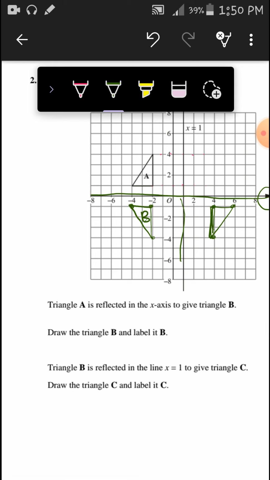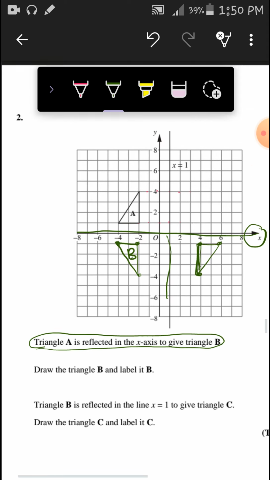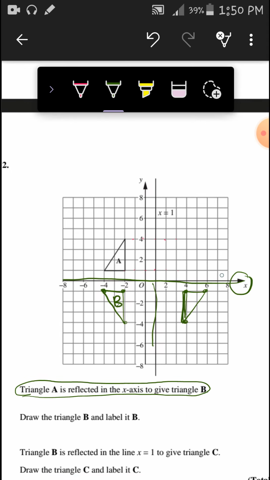In this example, triangle A is reflected in the x-axis. So first, reflect A in the x-axis. Where's the x-axis? Here. This is the x-axis. Reflect A. As I told you before, if there is a mirror here and you are standing here, your image will be here.